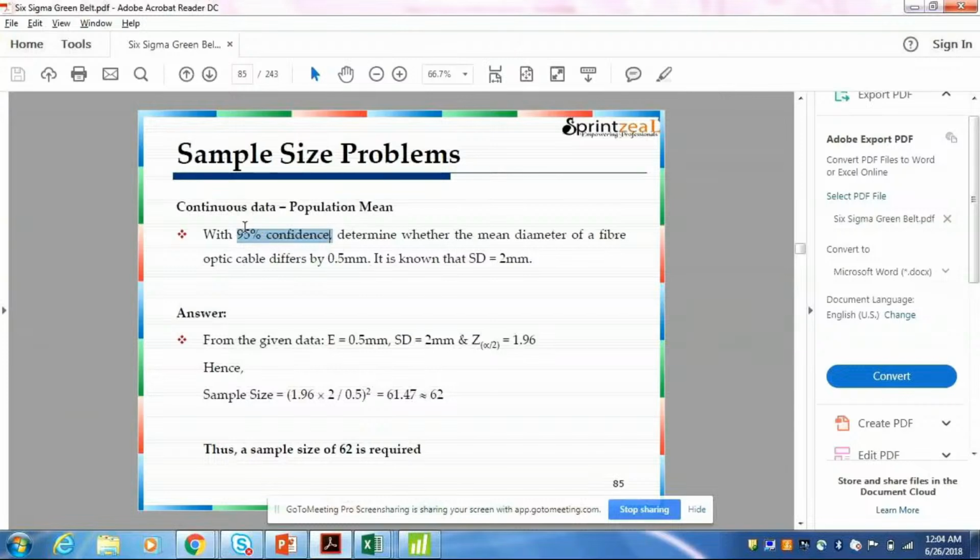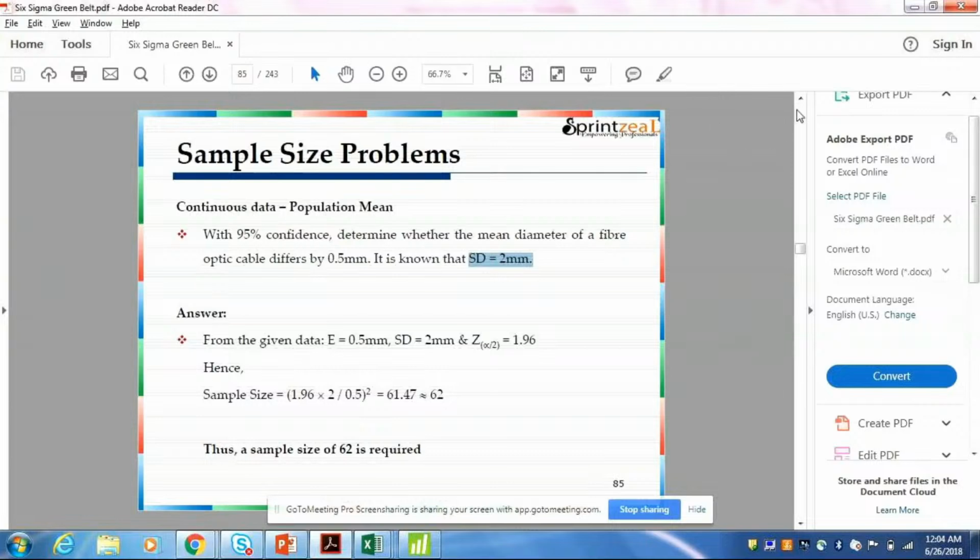You would often see confidence as 95%, right? Generally, as a standard, 95 is taken unless you are dealing with something very critical. So we need to determine whether the mean diameter of a fiber optic cable differs by 0.5 mm. Now it is known that the standard deviation is 2 mm.